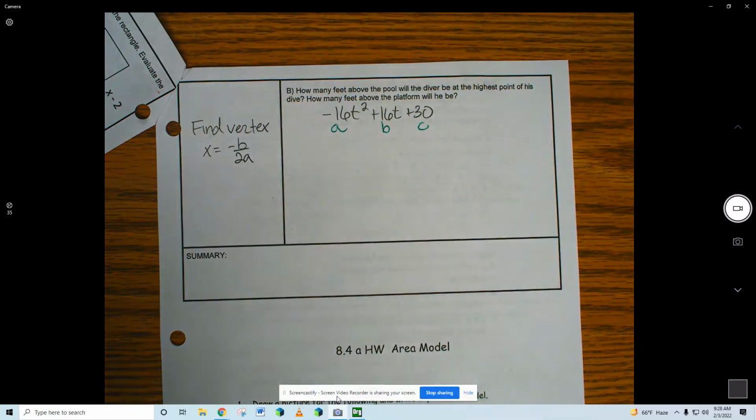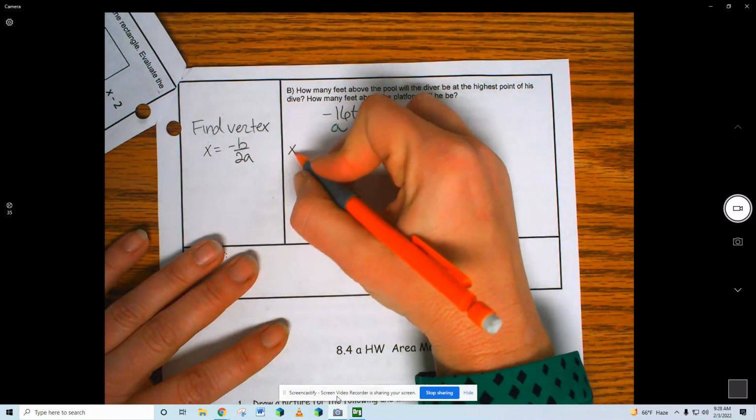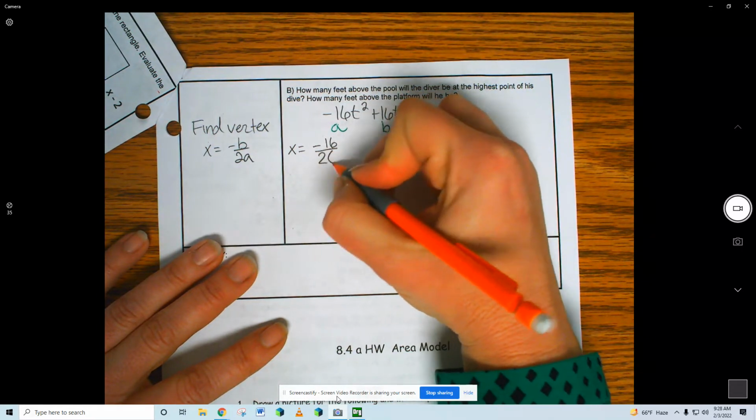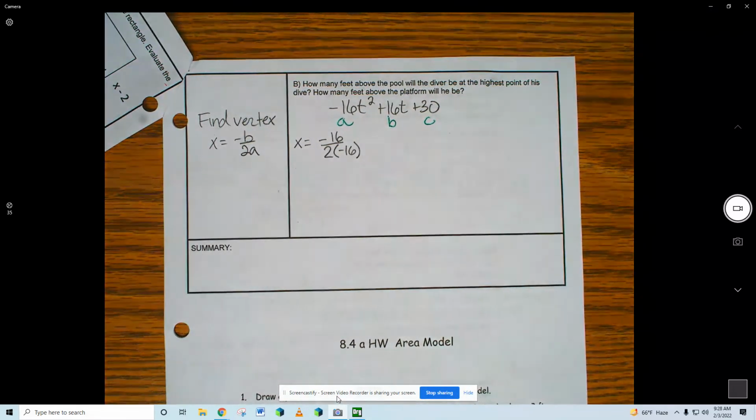So I need to know my vertex, because the vertex is the very top of the parabola. It's the top where the curve happens. So I'm going to do vertex, x equals negative b over 2a. This is how to find the vertex of a quadratic.